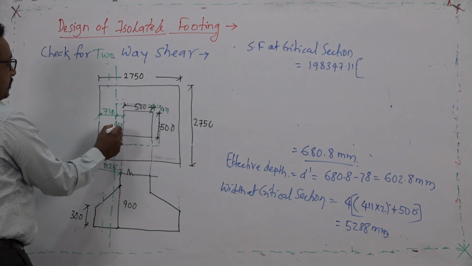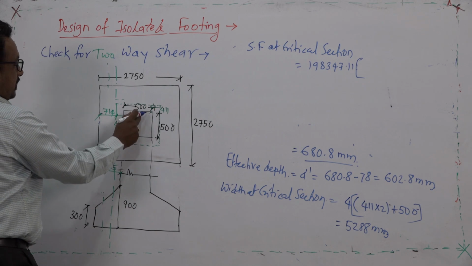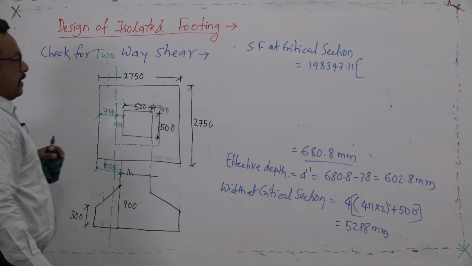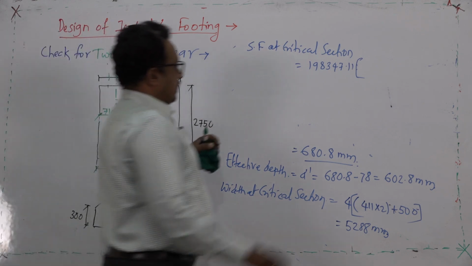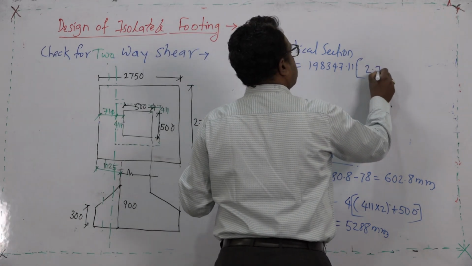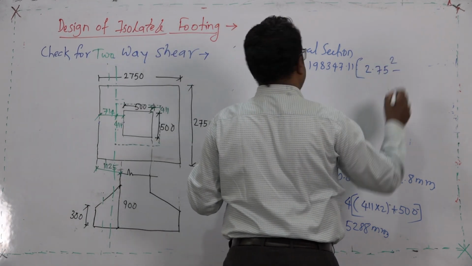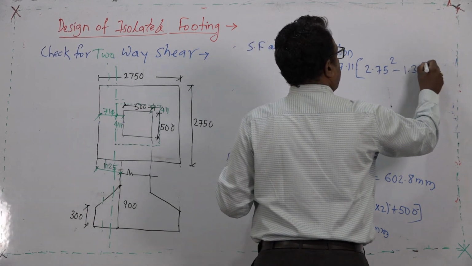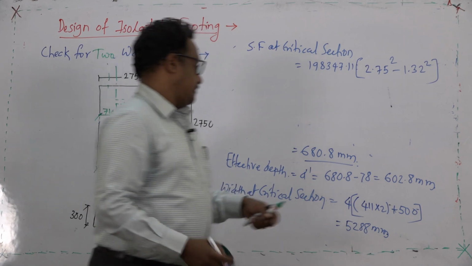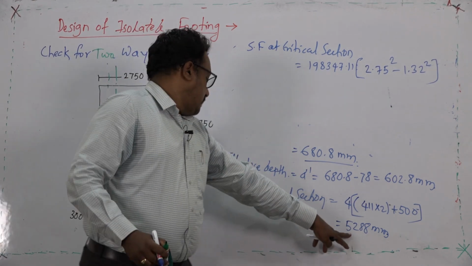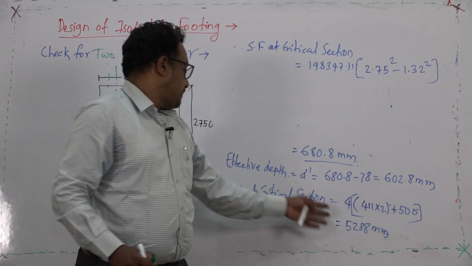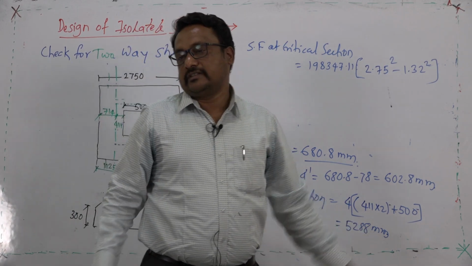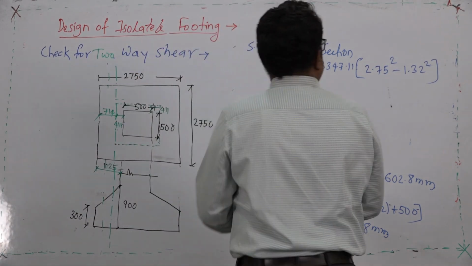So, one side will become 411 plus 500 plus 411. So, it will come as 2.75 square minus how much? 1.32 square, or indirectly what this critical B we are going to get. So, it is divided by 4. So, that will be the value.